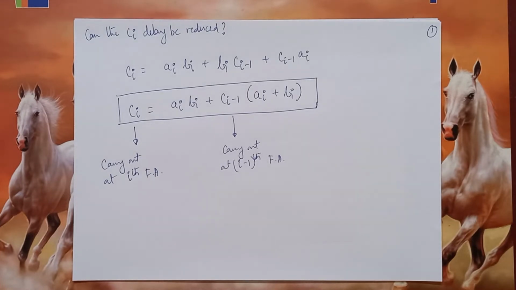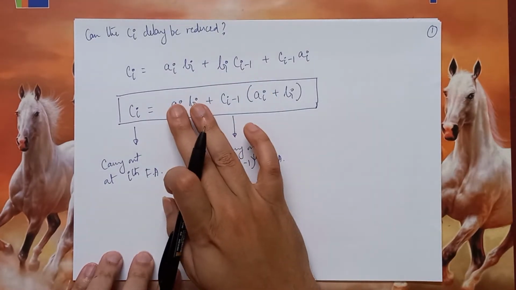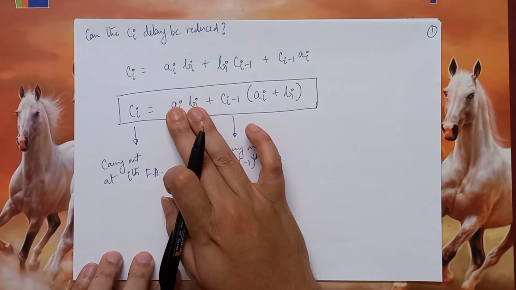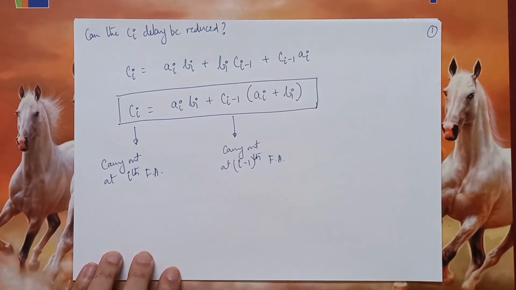The reason for writing in this manner is because it gives us certain ideas, certain insights. Now what we are seeing over here is we have one product term of ai and bi and another plus term of ai and bi.